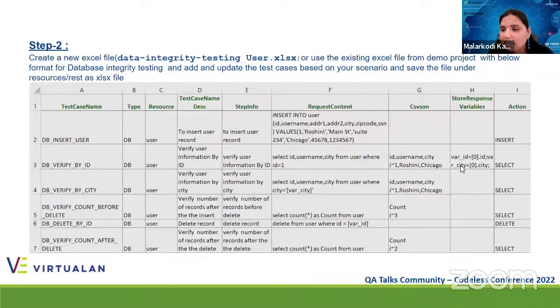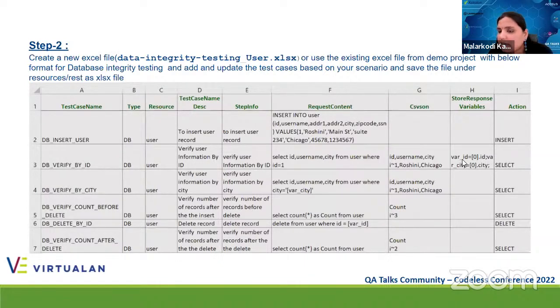So in your second test case, you want to pass some value to the third test case as the input. If you want to store some variables in this Excel, that we can do. Like if you see here, the city, Chicago, I have stored in the H column, third row. So variable ID city.